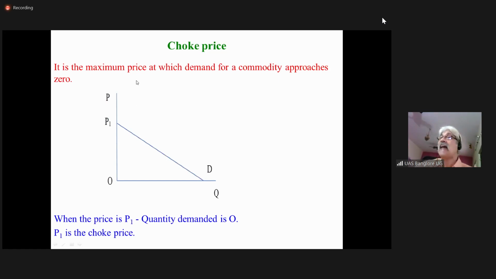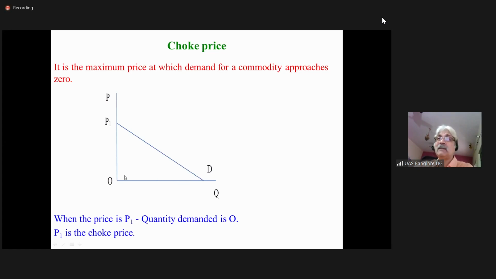It is the maximum price at which the demand for a commodity approaches zero, or almost becomes zero. That is the choke price. And in this graph, P1 represents the choke price, because when the price becomes P1, the quantity demanded becomes zero.